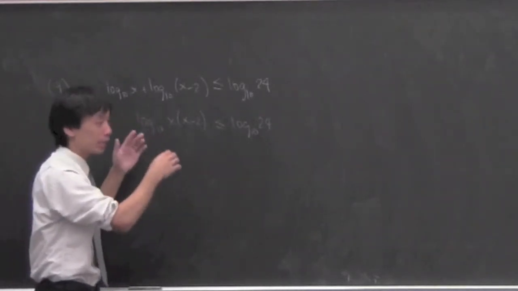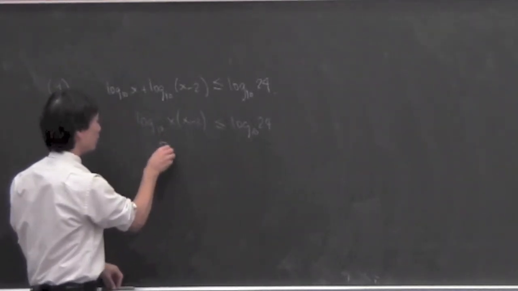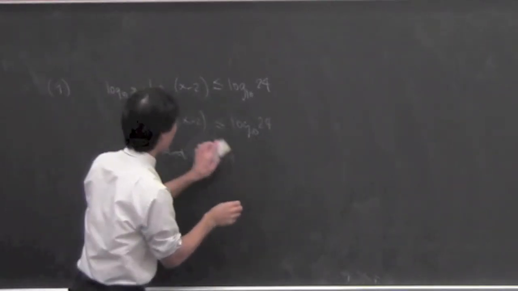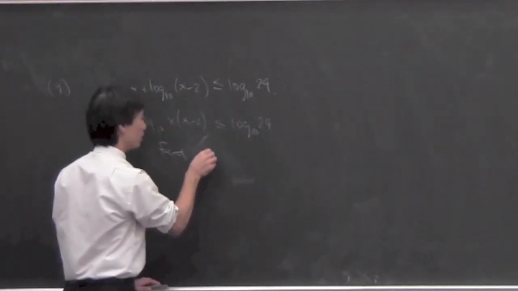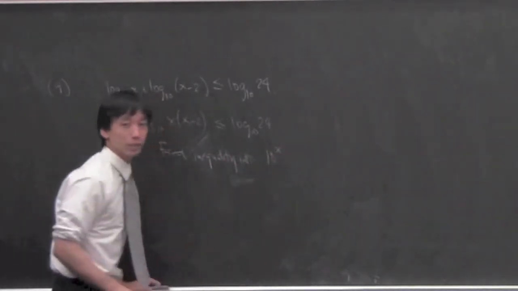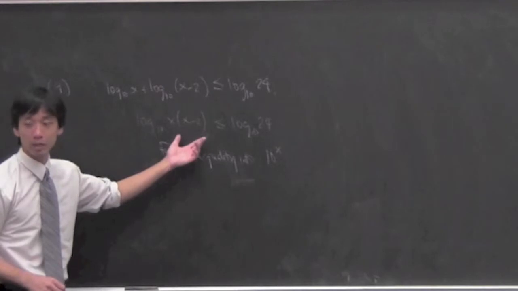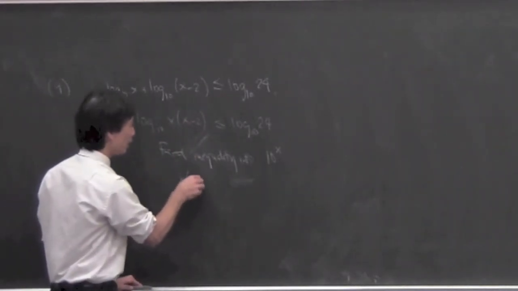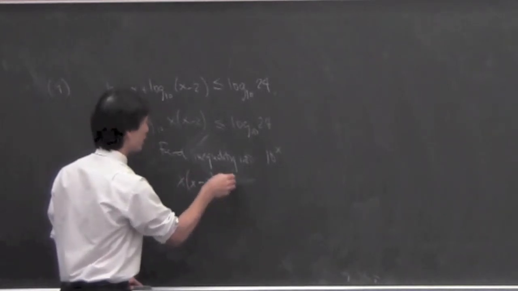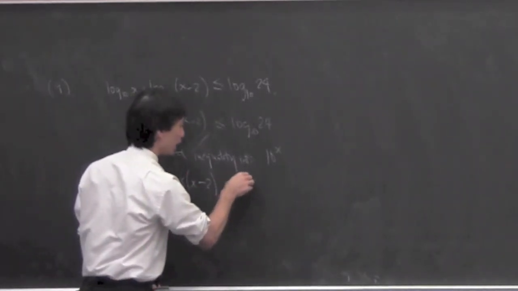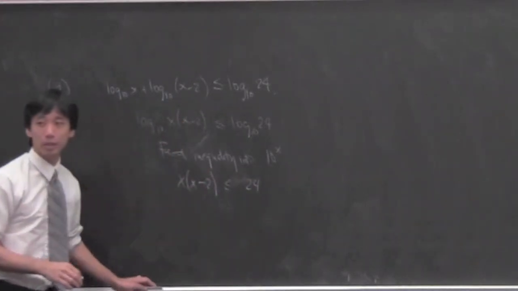We cancel them off by feeding both sides into 10 to the x, and 10 to the x preserves inequalities. The 10 to the x function is going to cancel off the logs and preserve the inequality.